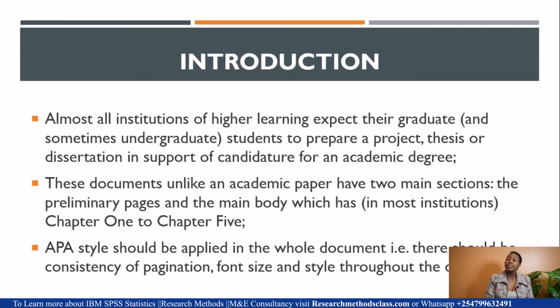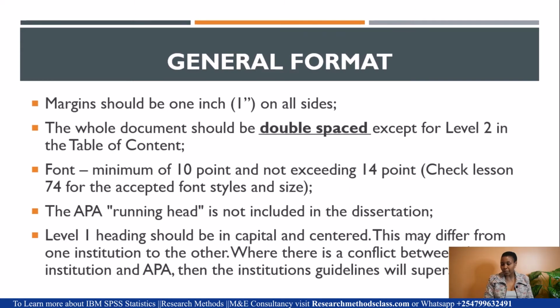Just like we said as we were discussing formatting academic papers, when you are formatting your thesis or dissertation, APA should be applied across the whole document. And this is where there should be consistency of pagination. The font style and the font size should be applied throughout the document.